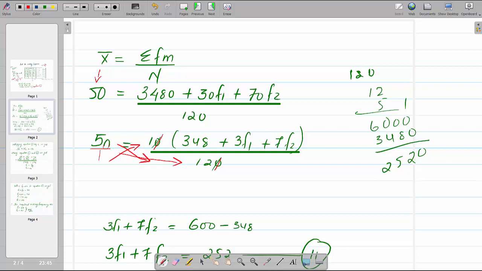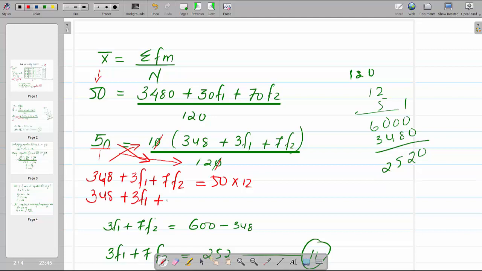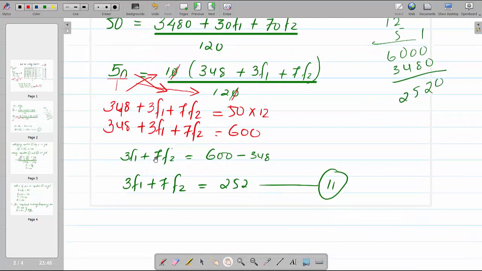So 1 into 348, you can just write it down, 348 plus 3F1 plus 7F2 is equal to 50 into 12. How much will it be? 348 plus 3F1 plus 7F2 is equal to 600, right? Now what you can do next is keep all the F values in one place, and the one where there's no F, you can take to the other side.